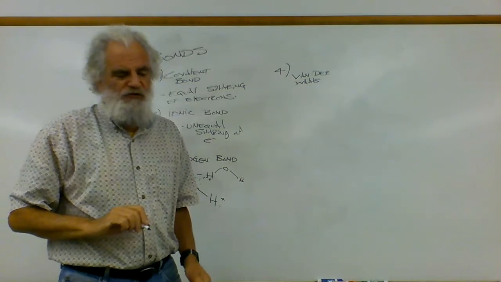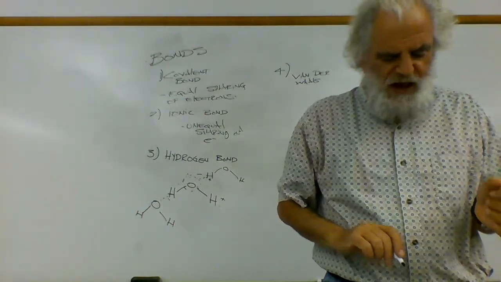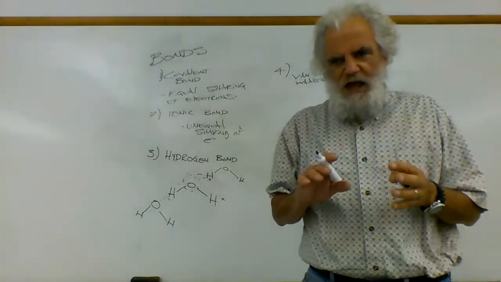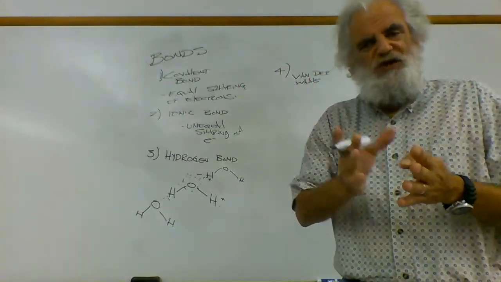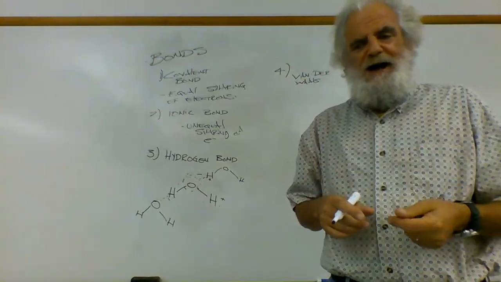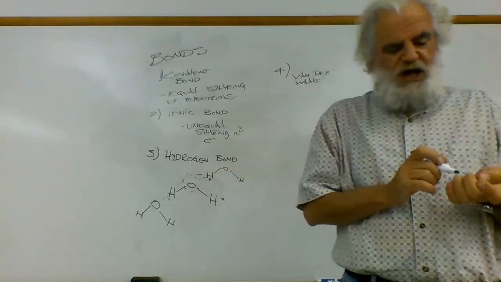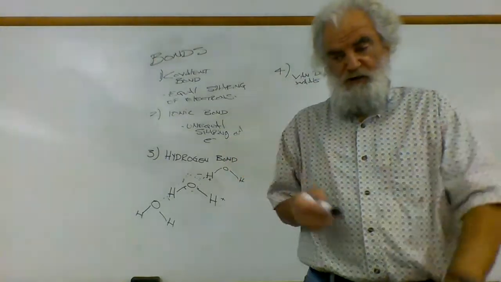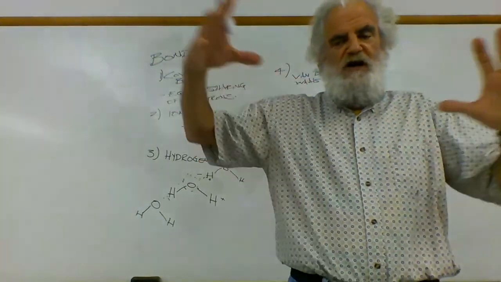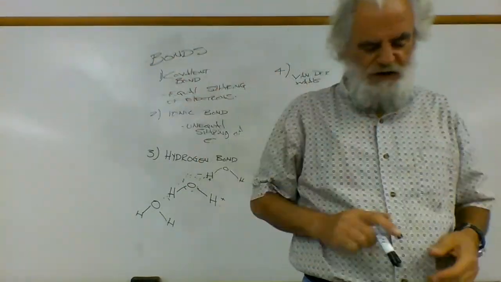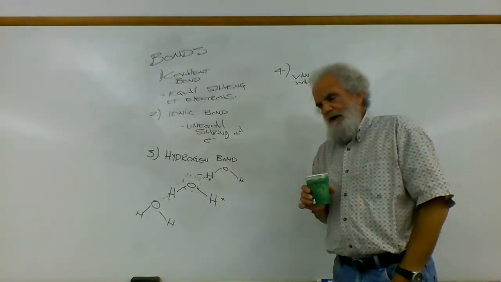And van der Waals forces are very weak interactions between two atoms that are very, very close to each other but not forming a bond. It's not even an electrostatic interaction, but it's something that actually occurs in large molecules, which we'll be getting into in just a moment, that have a variety of different kinds of great big structures that are next to each other. So that's the basic chemistry we need to know.